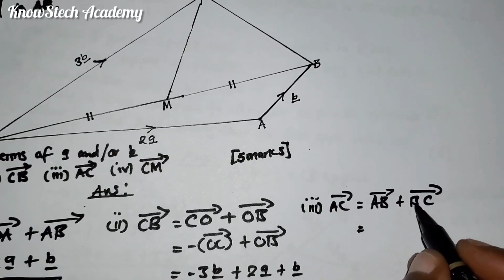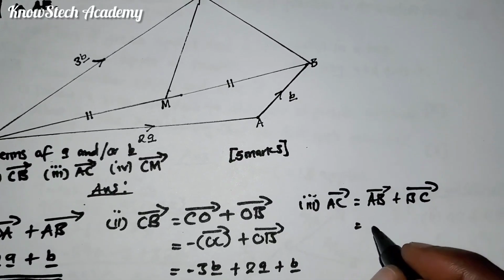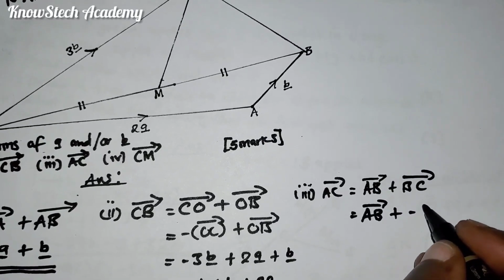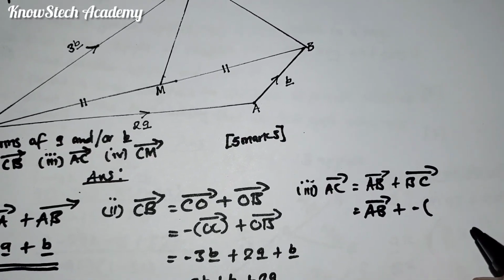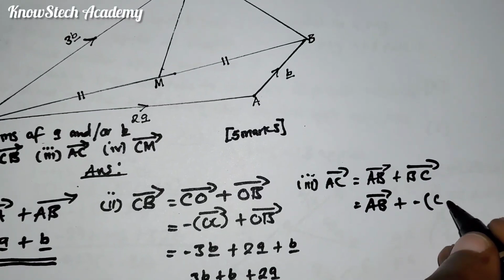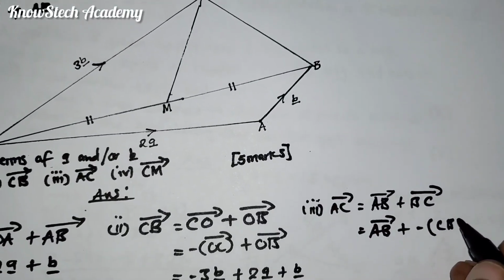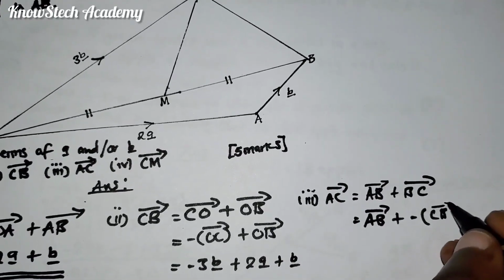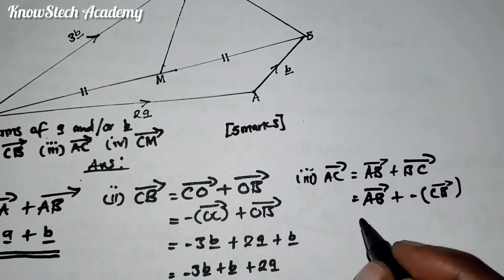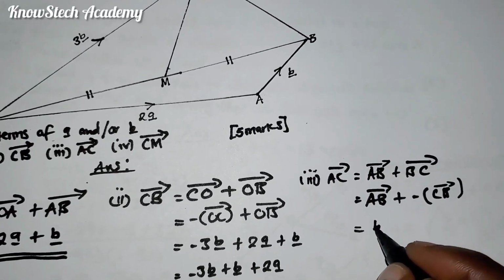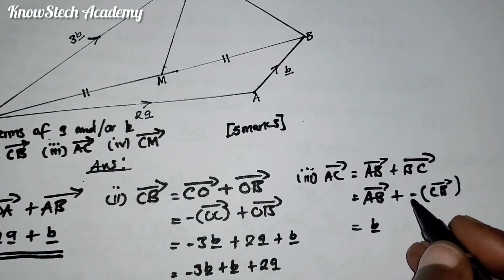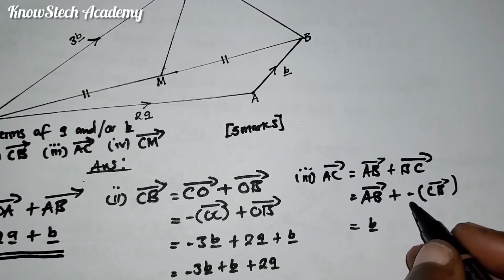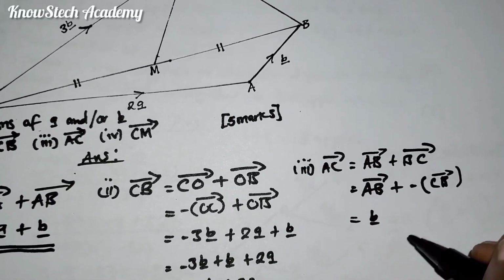Now you notice that vector BC is negative vector CB, the opposite of CB. So AB is vector B, and then negative times positive is negative.